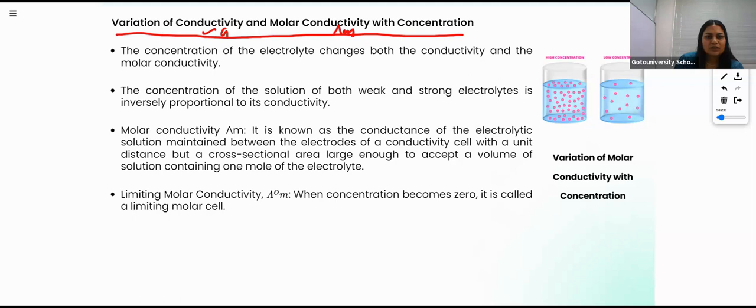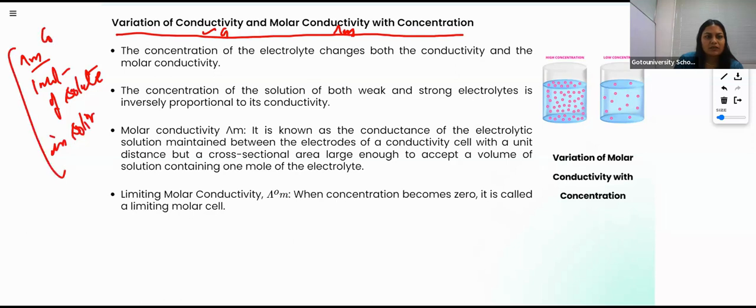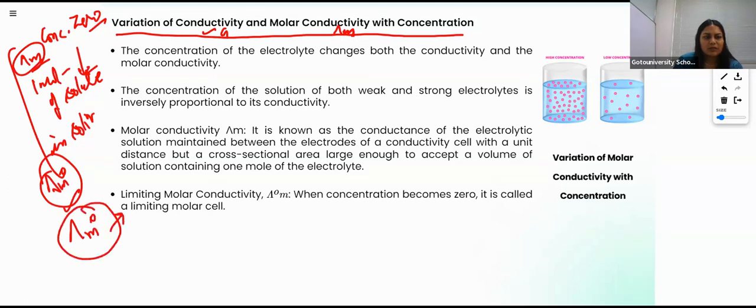When the concentration of solute becomes 0, then the molar conductivity lambda m0 is termed as limiting molar conductivity, right?